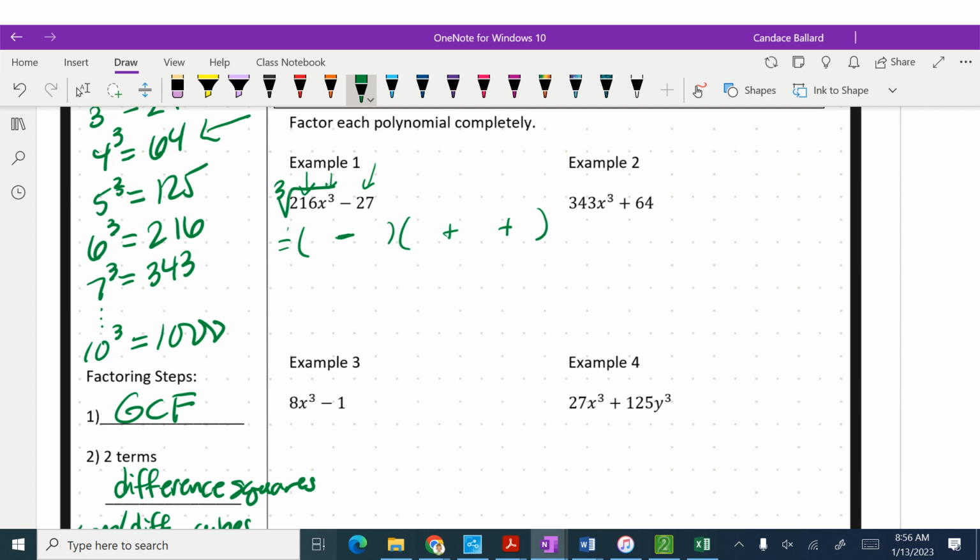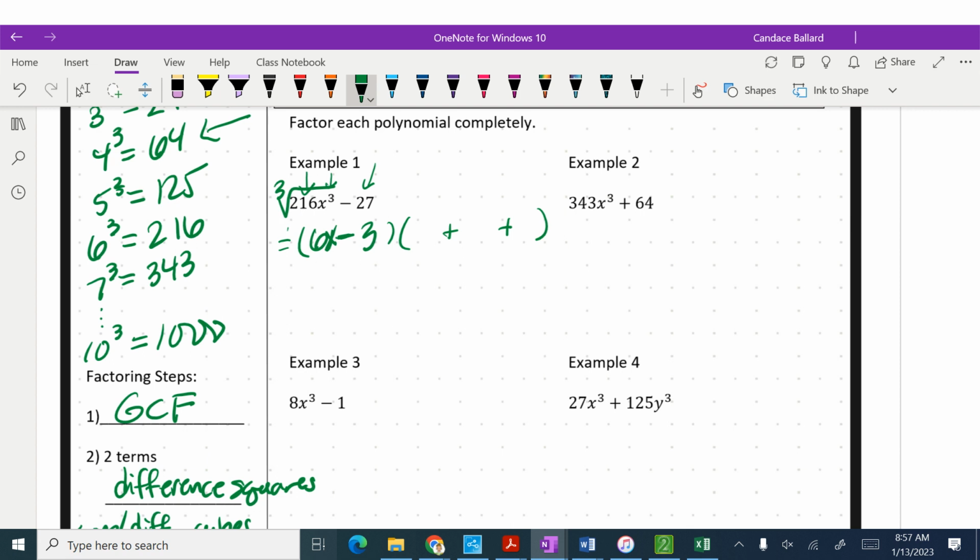What's the cubed root of 216? 6. And what's the cubed root of x cubed? x. And that's going to go in the front of just the binomial. What is the cubed root of 27? 3. I picked really badly because technically there is a greatest common factor in there, but we're going to ignore it for right now.